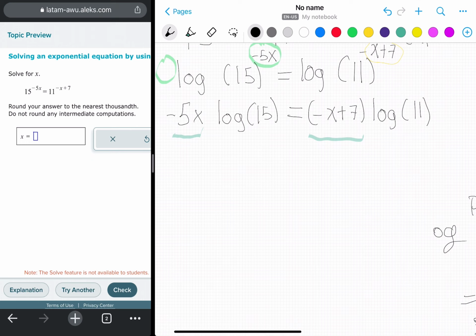And now, how do I solve for x? Well, first I realize that I have a multiplication on the right side, so I want to do this multiplication. I will just leave the left side like that for the moment: minus 5x logarithm of 15. But on the right side, I am multiplying logarithm of 11 by minus x plus 7.